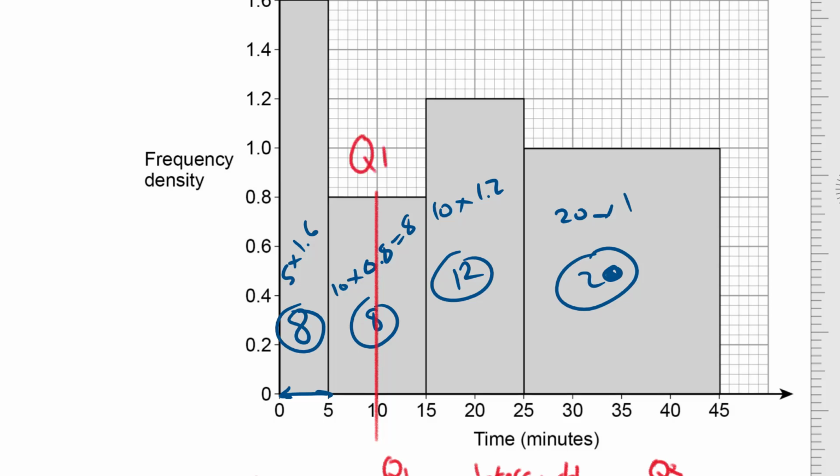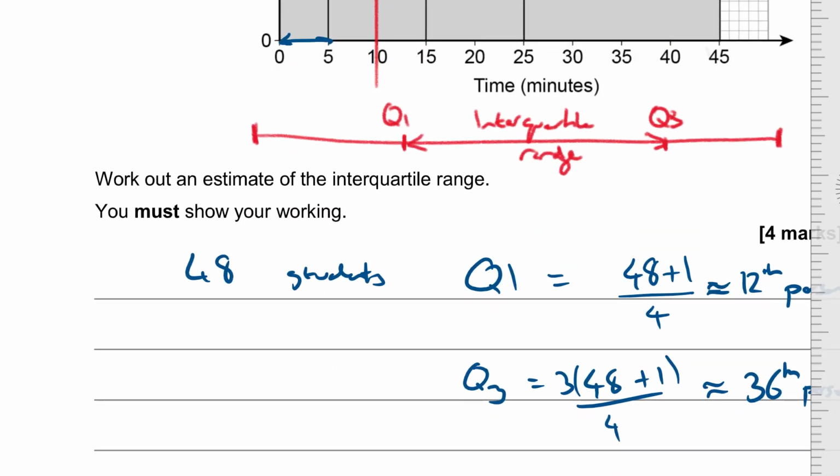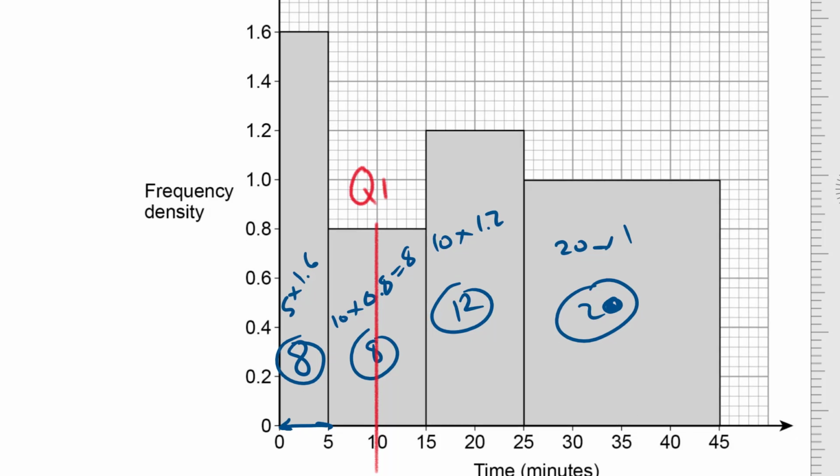Then my Q3 is my 36th person. So 8, 16, 28, it's going to be in this big fat bar at the end here.